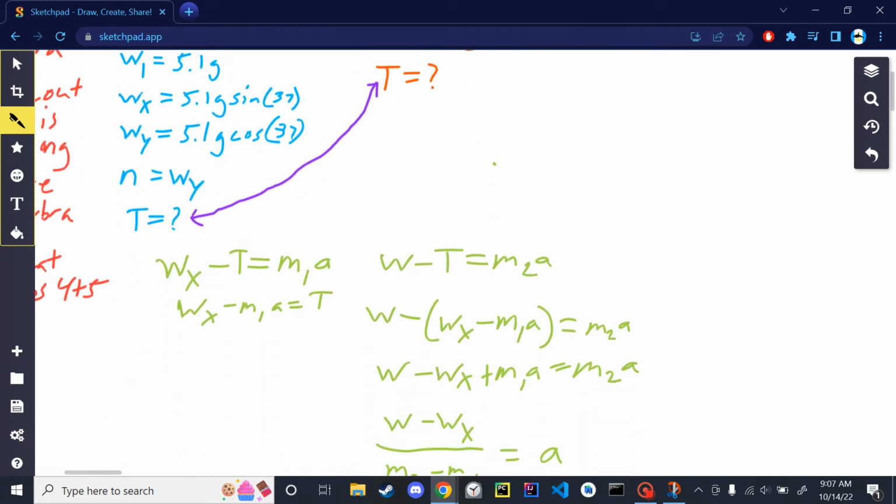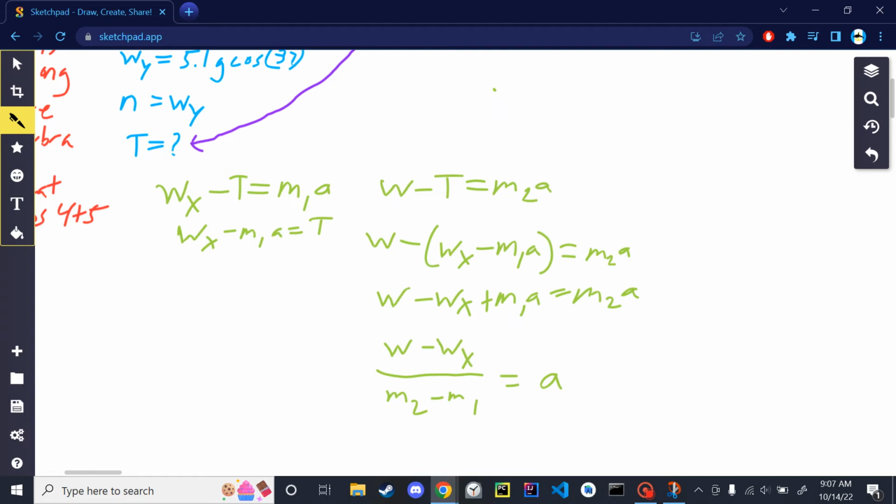Negative 7.57. Oh, I forgot to multiply by g on the other one. .429. Okay.